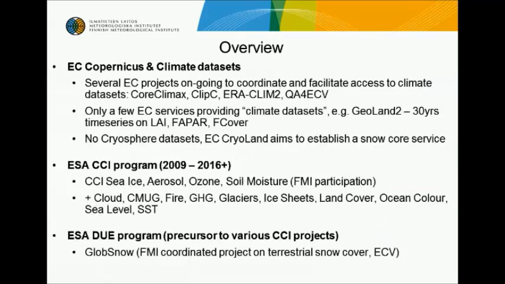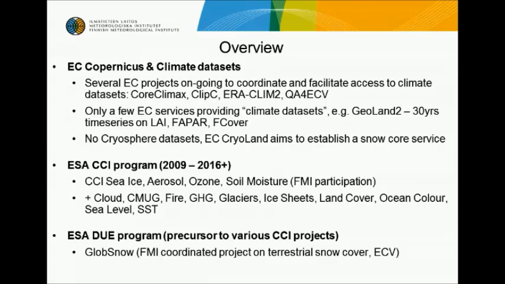Briefly, there are several ESA projects ongoing that try to coordinate and facilitate access to different climate datasets, for example CORECLIMAX, CLIP-C, ERACLIM. There are various different projects, and I was trying to find information about the different ESA services providing climate datasets, and I didn't find too much.